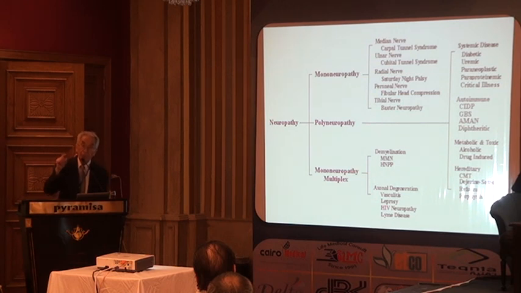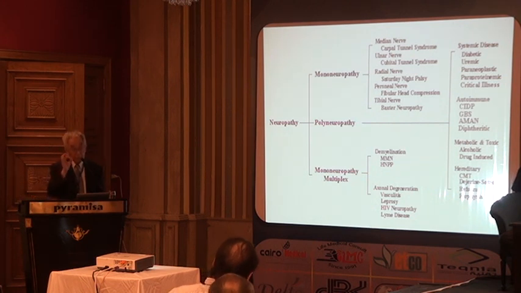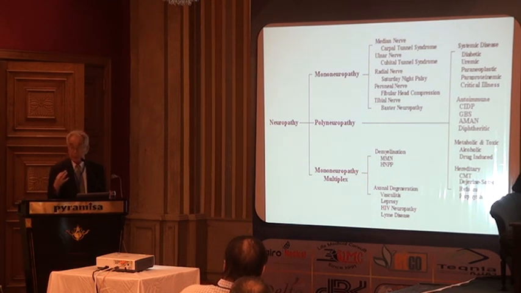neuronopathy, meaning the cell body is affected to begin with. And if the cell body is affected, of course the axon will be affected secondarily. So this is neuronopathy. If the axon is affected to begin with, we talk about axonopathy, right?